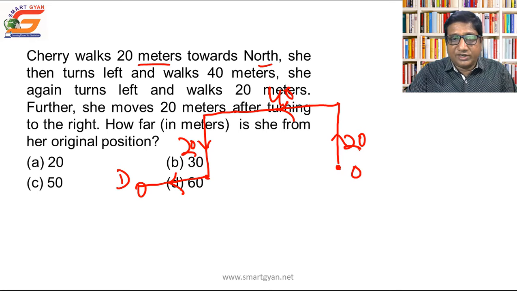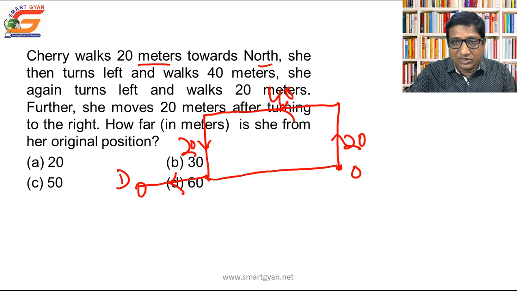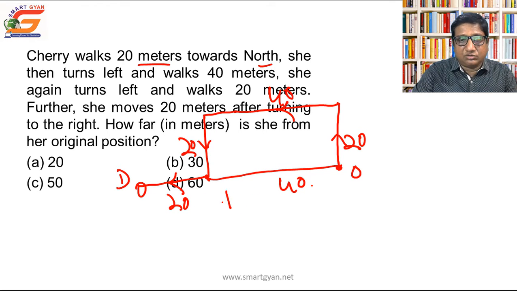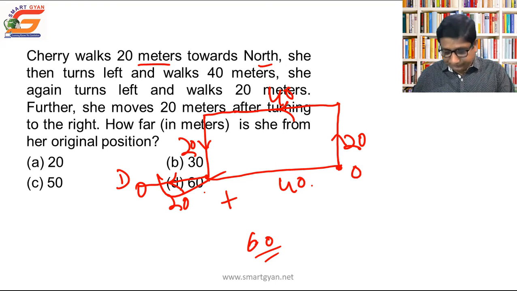So this is 20 and this is 20, which means this point will be in the same horizontal line, and this distance will be 40. The final question is the distance between the original position and the destination. This is 40 and this side is 20, so the total will be 60. So your answer is 60, choice D.